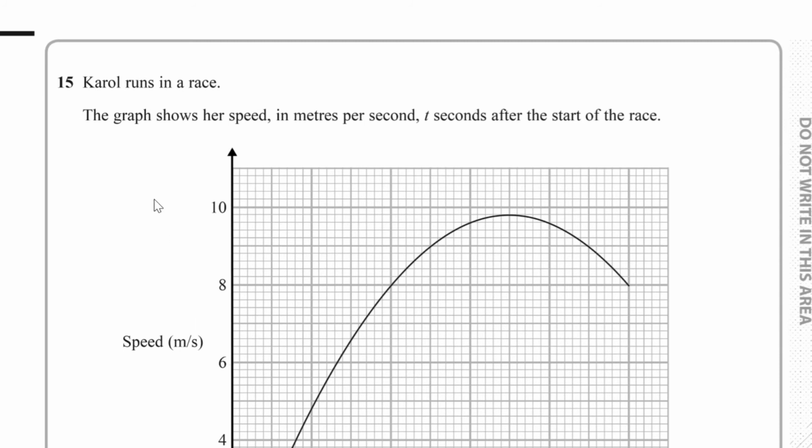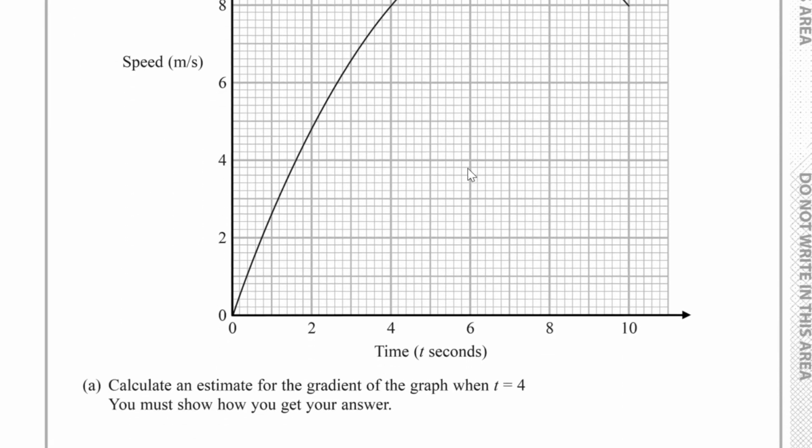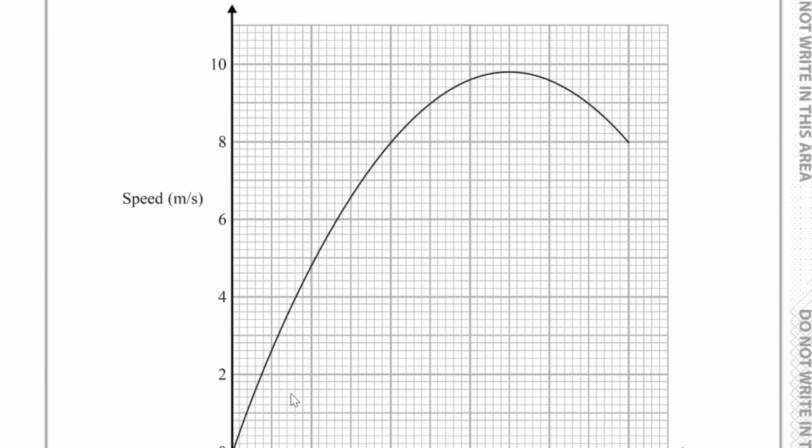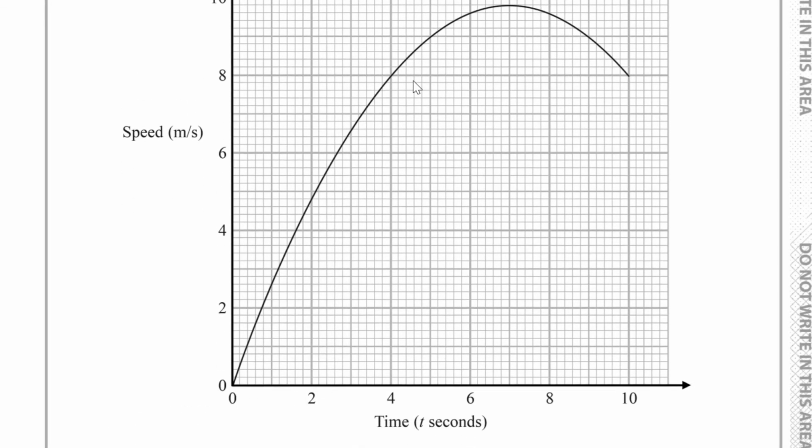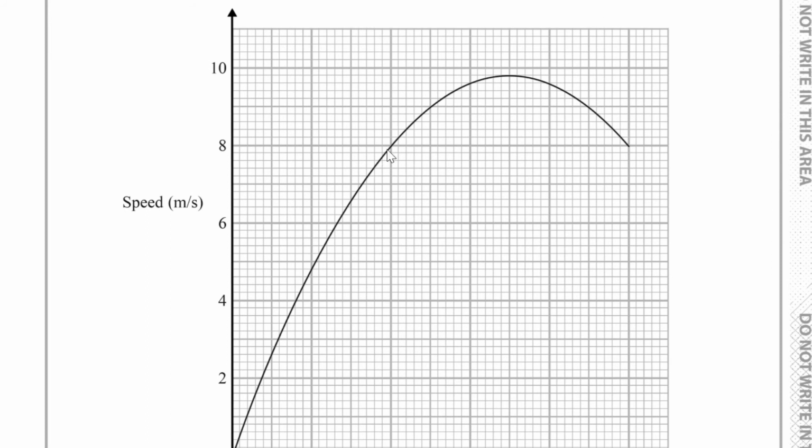Question 15. Carol runs in a race. The graph shows her speed in meters per second, t seconds after the start of the race. So we have to calculate for part A an estimate for the gradient of the graph when t equals 4. You must show how you get your answer. Well, when t equals 4, that's here, we need to draw a gradient at this point here.